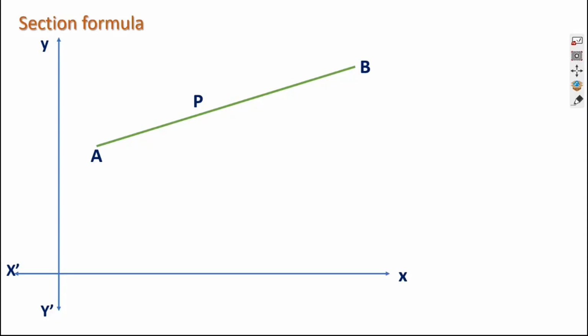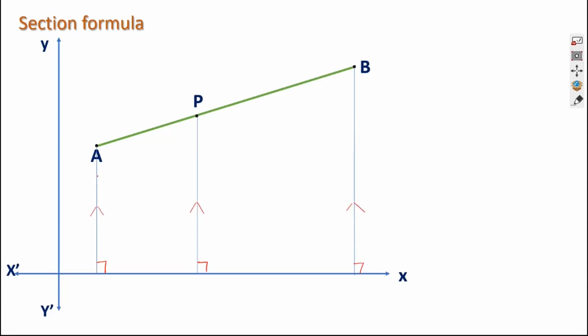For that we need to apply whatever knowledge we have here. We also know that if you draw perpendiculars from A, P and B to the x-axis, they can be marked like this. These perpendiculars are all parallel to each other. That is why I told you to remember those things.